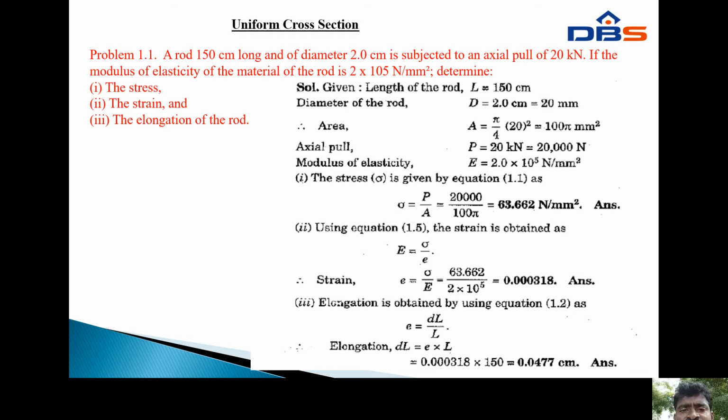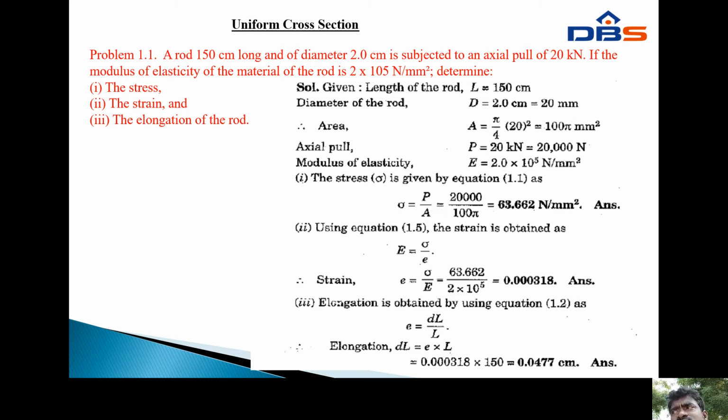Strain, epsilon, equals sigma by E. Sigma means stress, E is Young's modulus of elasticity. Stress by Young's modulus of elasticity equals strain. Stress is already calculated above, 63.662, divided by Young's modulus of elasticity, 2 into 10 power of 5 Newton per mm square.